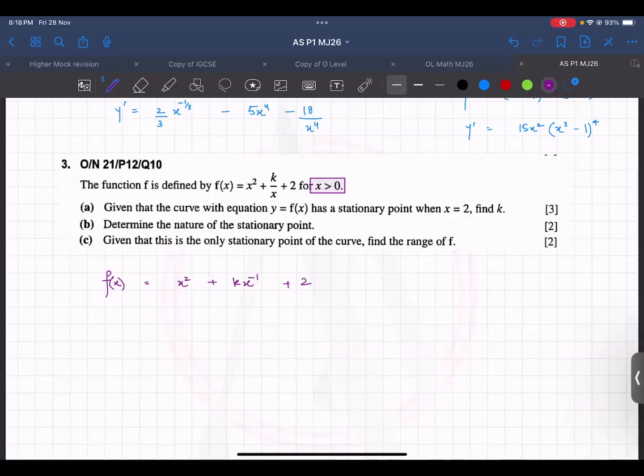Given that the curve with the function has a stationary point, so they have told us that it has a stationary point when x is 2. This means that if your x is equal to 2, your first derivative will come out as 0 because it is a stationary point.